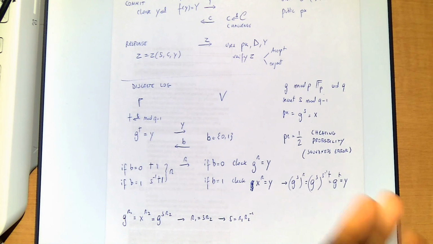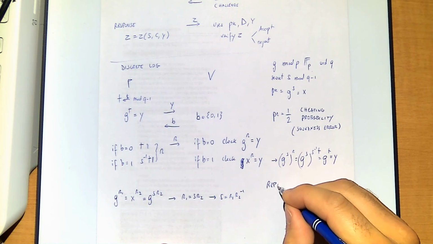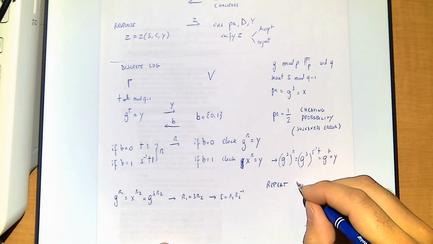But you can think in terms of a game: okay, the cheating probability is an acceptable term. So the adversary can cheat with probability 1/2, which means that, to be authenticated correctly, you have to repeat this several times. So you do several independent executions of the protocol, for example gamma times.